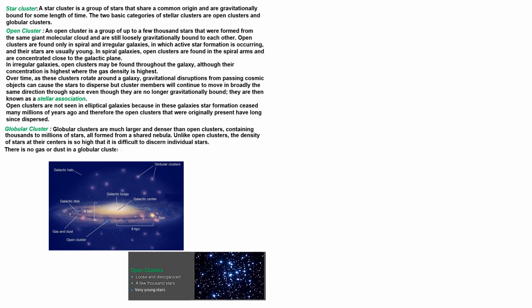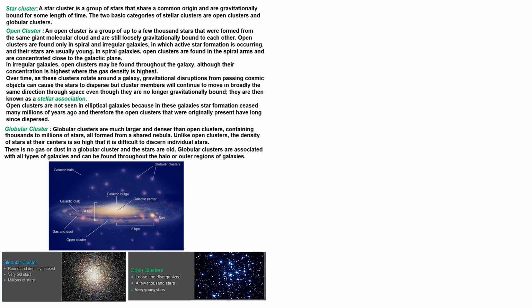There is no gas or dust in a globular cluster, and the stars are old. Globular star clusters are associated with all types of galaxies and can be found throughout the halo or other regions of galaxies. The third astronomical object you should know about is called nebula.